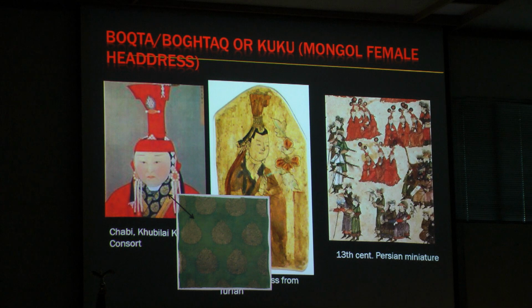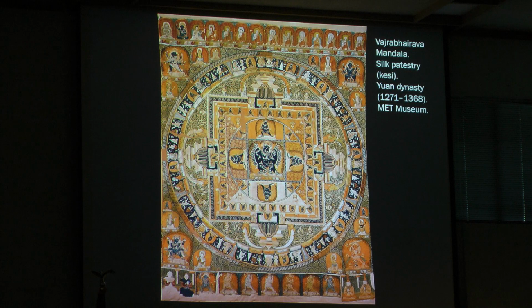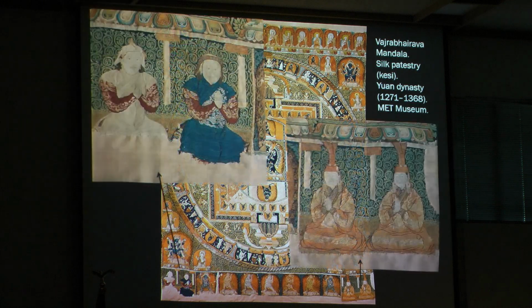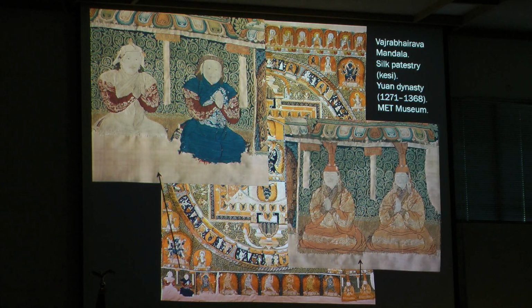The Mongols acquired iconography and costume made by their predecessors, and in particular preferred two types of textiles, the silk tapestry and golden weavings. This one is the largest piece of silk tapestry ever created and is in the Metropolitan Museum of Art. It is a Tibetan mandala that at the bottom includes 4 Mongol portraits. So we have Tugh Temur, the great-grandson of Kublai Khan, and his older brother, and their respective consorts wearing the kuku.